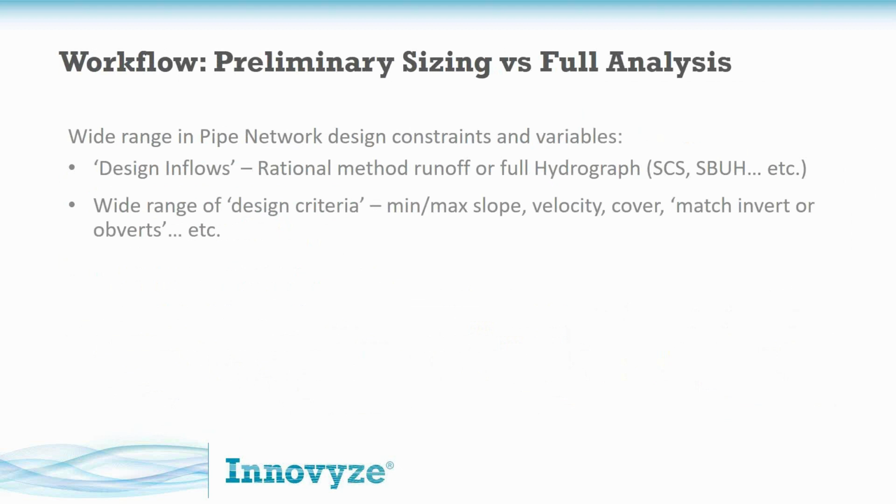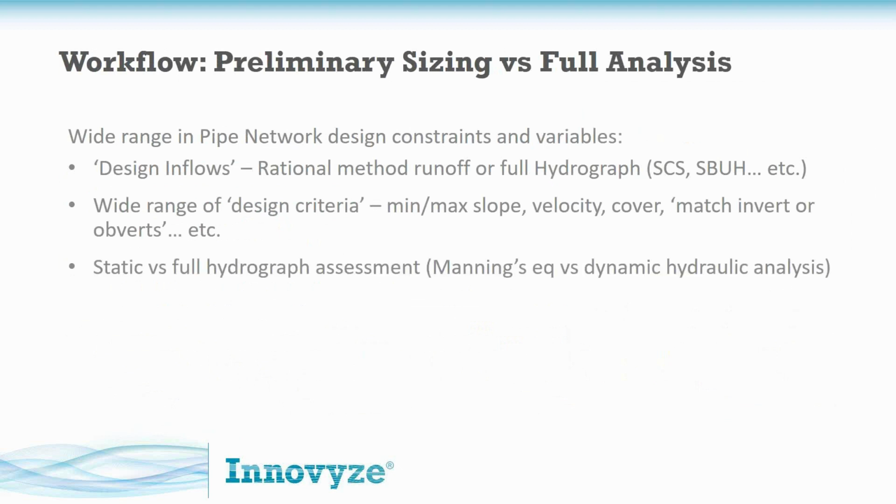Maybe min-max slope, a certain cover level, a whole range of different design criteria, I might call it, that maybe no one person uses at all, but everyone seems to need different pieces. Again, I'm trying to frame up where we're at the moment.